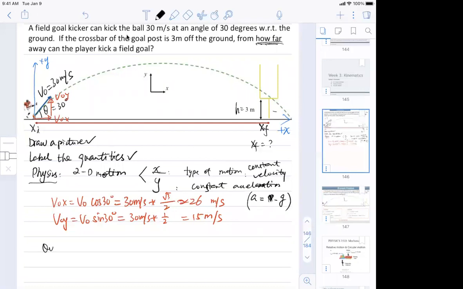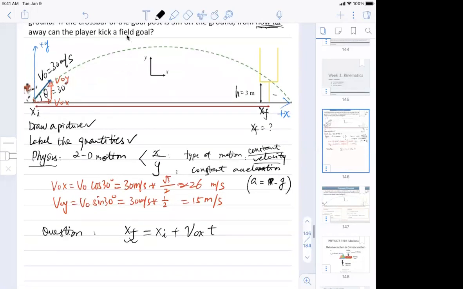The question is asking how far you're kicking the ball, so it's asking for x final. For constant x velocity, the distance you traveled is simply going to be velocity in the x direction times time. That's the kinematics equation we know for constant velocity, with initial x 0. We want to find this quantity, how far it is.